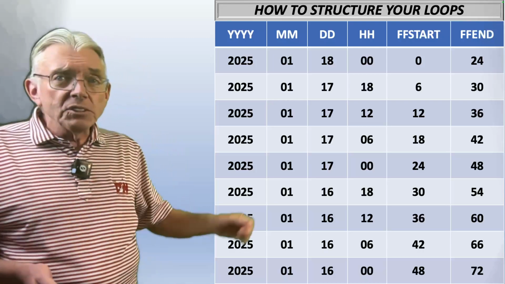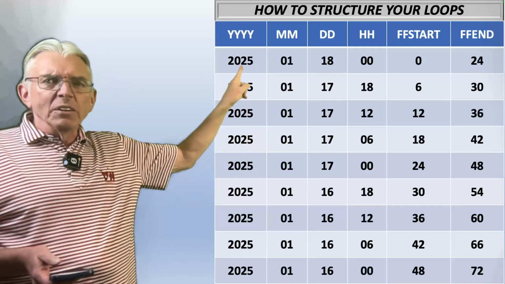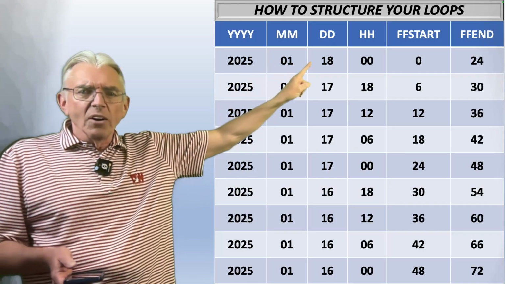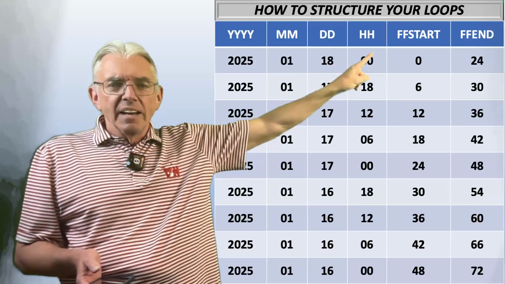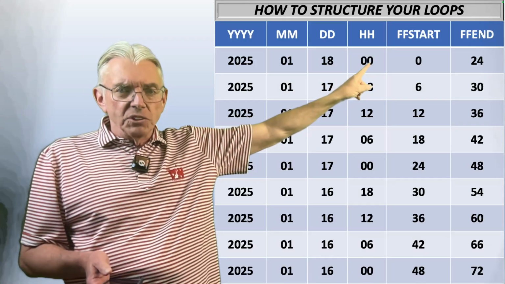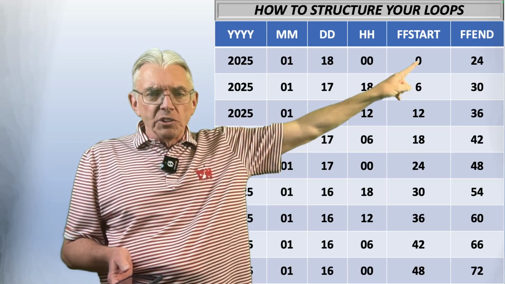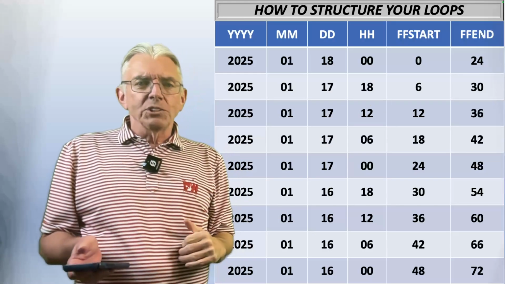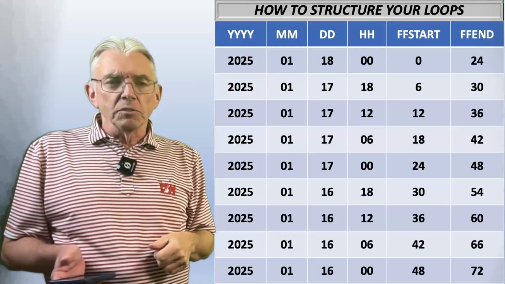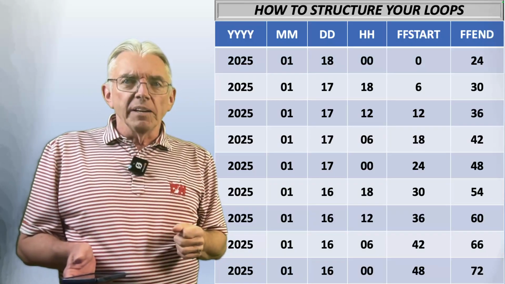Okay, so in this case, I start off at the top with the year 2025, January 18th, and the run is from 0Z, 0 hour Zulu, okay? And I'm going to go from 0 to 24 hours. So I want to see maybe how much precipitation is going to fall in that 24-hour period, okay?